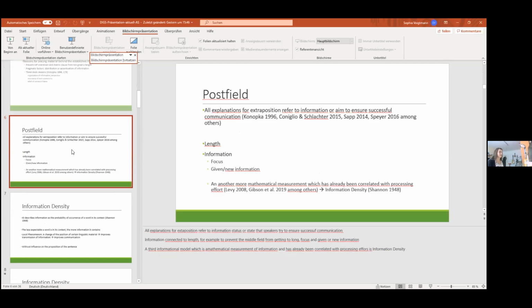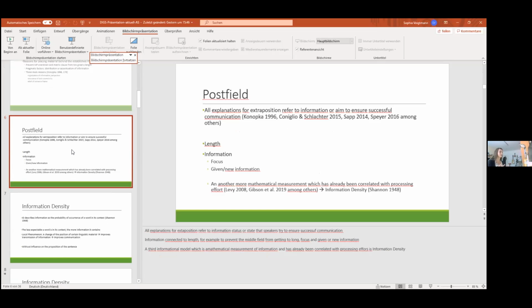Most former research basically says that these triggers are all connected with information and with the fact that speakers try to ensure successful communication. So they say material is placed in the postfield when it becomes too lengthy.